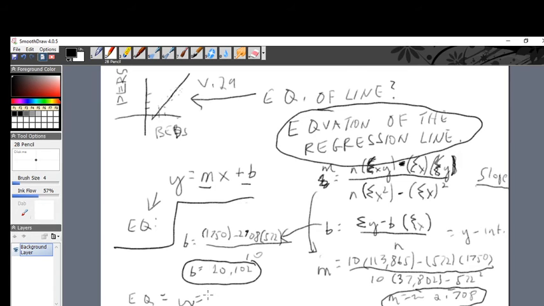My M is 2.708 times x, plus B is 20.102. This is 2.708. This is 20.102. There it is. So there's the equation.